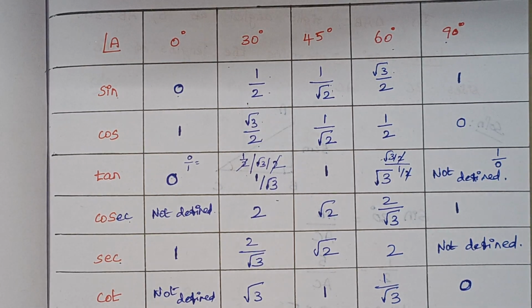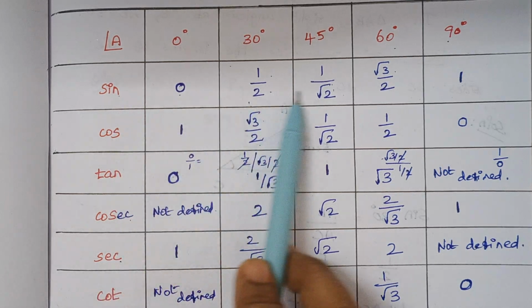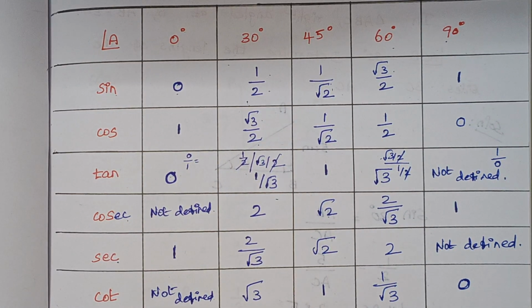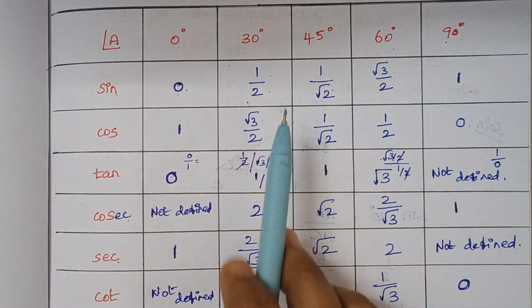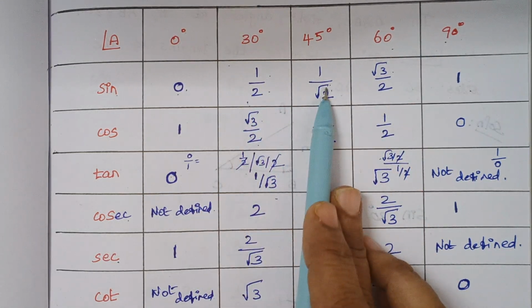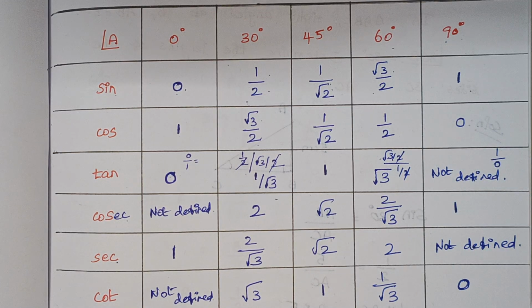The one and only thing you have to remember here is all these values for sine theta. As I said, sine 0 is 0 and sine 90 is 1. And you have to remember these in-between values: 1 by 2, 1 by root 2 and root 3 by 2. Once you are clear with this, it will be very easy for you to fill the remaining columns.